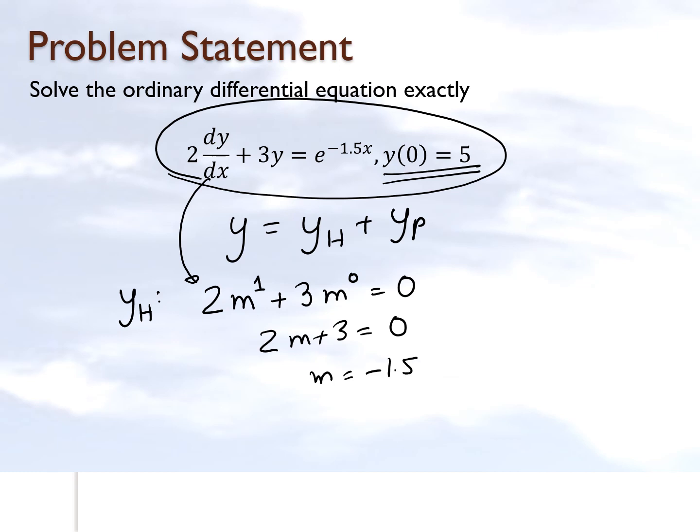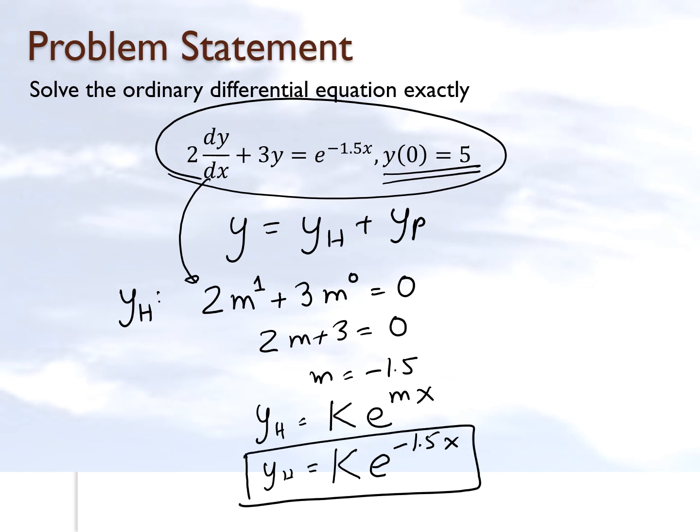So that becomes the root of the characteristic equation, which allows us to say that the homogeneous part of the solution will be k e to the power mx. So you get k e to the power minus 1.5x. So that is the homogeneous part of the solution. In the next slide, we're going to concentrate on finding the particular part of the solution.